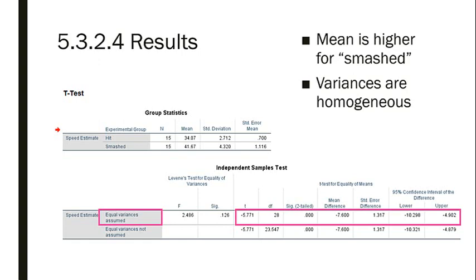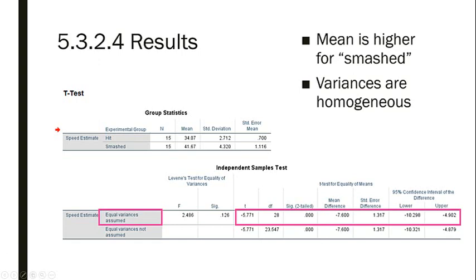Now, the rest of the columns there report the mean difference. You'll notice, if you subtract 41.67 minus 34.07, so if you take the smashed mean minus the hit mean, you should get 7.6, which is what's reported in the independent samples t-test table.